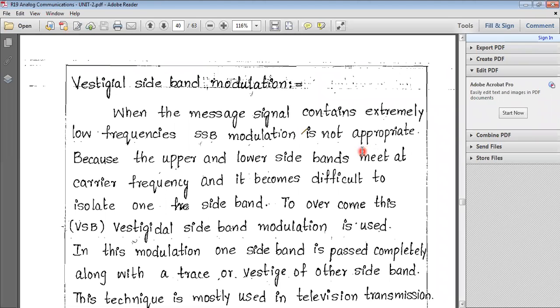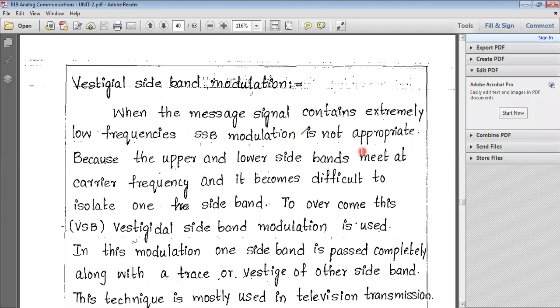Then what is the upper sideband frequency? 300 plus 5, it becomes 305. And what is the lower sideband frequency? 300 minus 5, it becomes 295 kilohertz as the lower sideband.